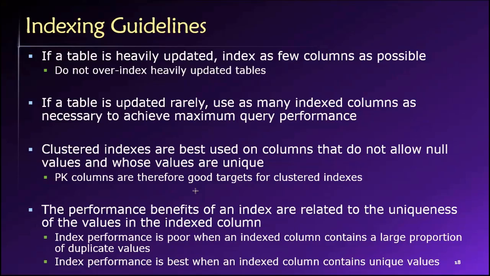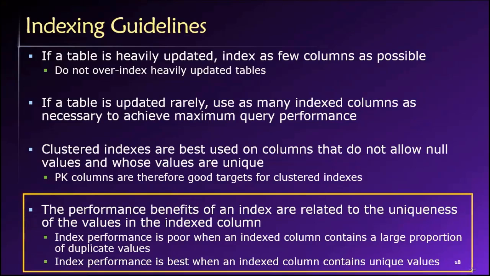And finally, do keep in mind that one of the considerations when we're doing indexing is how many unique values, proportionally speaking, there really are inside of our candidate column.